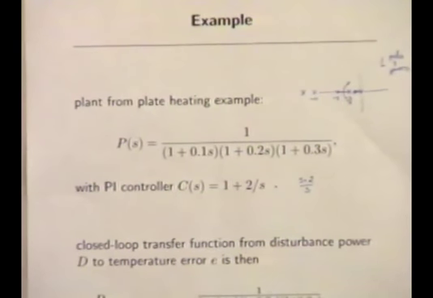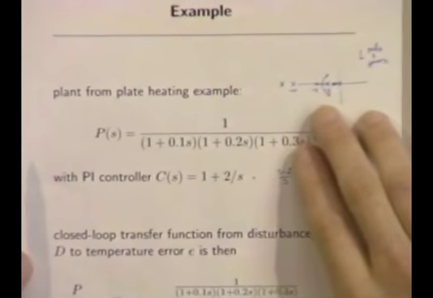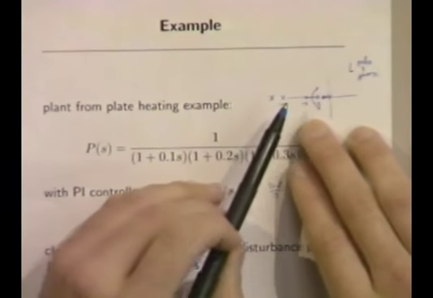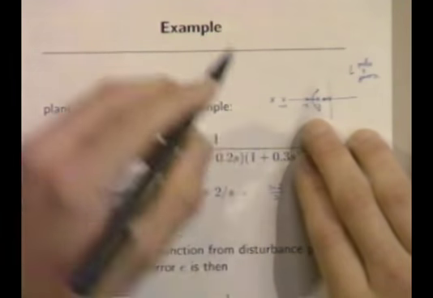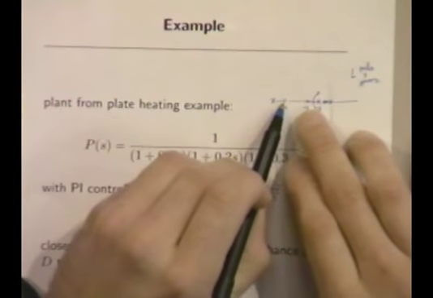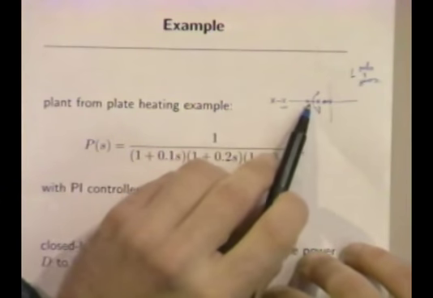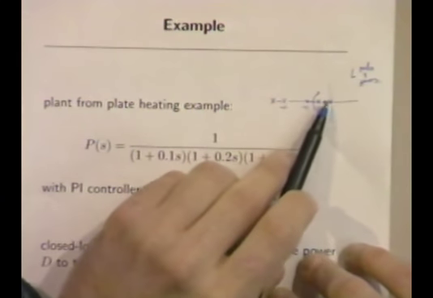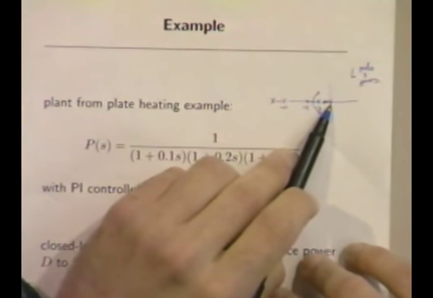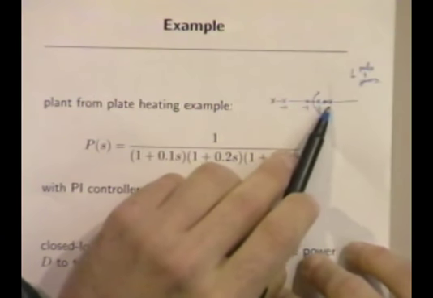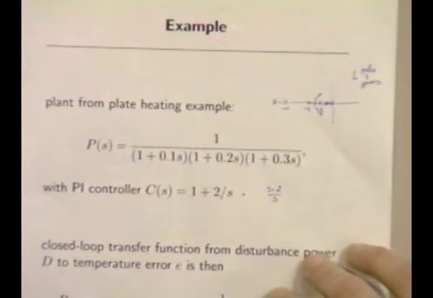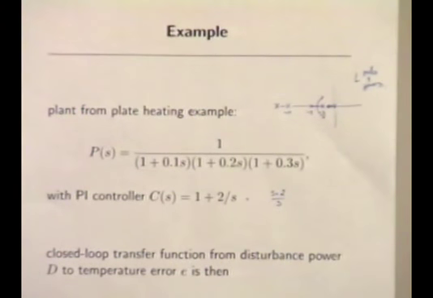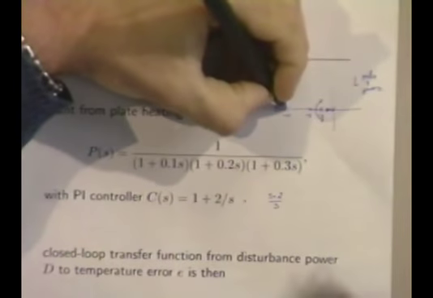In this very small drawing, I show the open loop poles from the plant, and I show additionally the pole and the 0 contributed by the controller. The interesting thing is that once you close the loop, the pole moves a little bit.